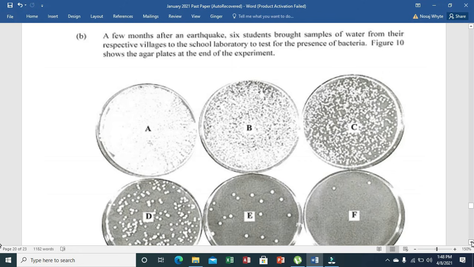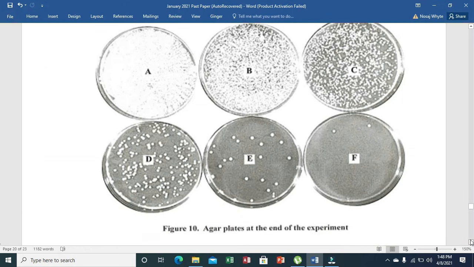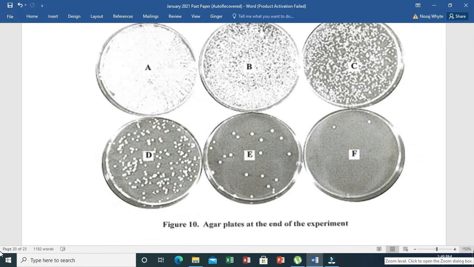One of the things we know about this particular experiment is that these white dots would have shown the colonies. The black area on the plate would have shown the agar. Most students, including myself, might be a little affected by A, which seems to be a very poor picture. But we consider that it is not a poor picture, though this paper would have been photocopied millions of times.